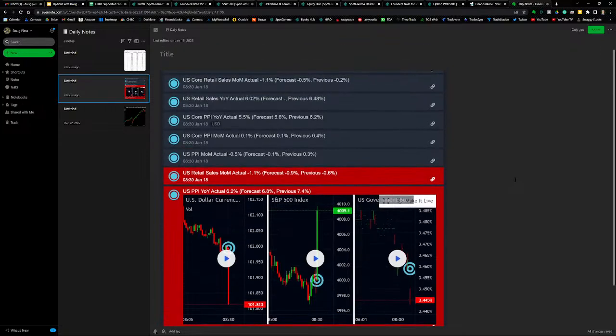And then the retail sales came in a little bit lower here month over month. Came in lower than forecast and lower than the previous. So those are the numbers this morning.